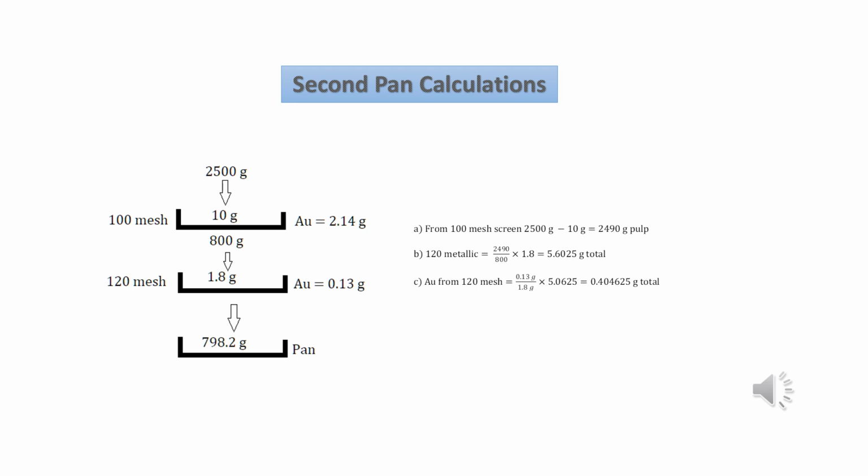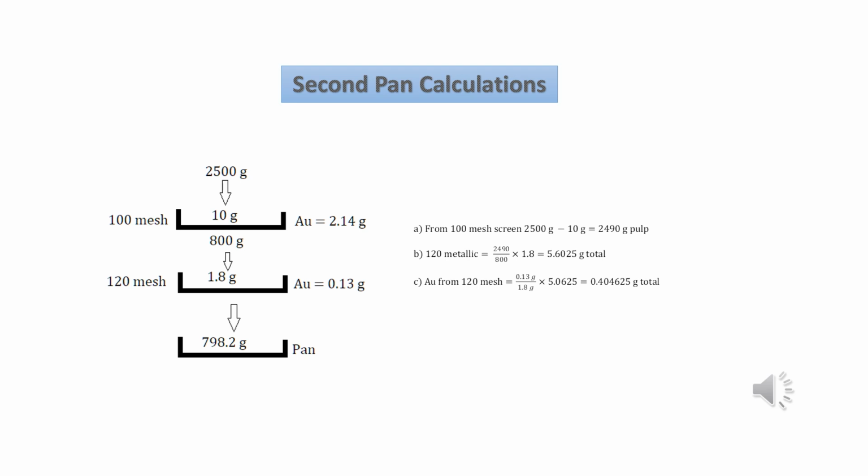So you decide you're going to take 800 grams of that leftover material and run it through the second screen. Here's what a lot of people don't realize. You're only taking 800 grams from that 2,490 grams that was left over. That makes it 1,690 grams that's unaccounted for.